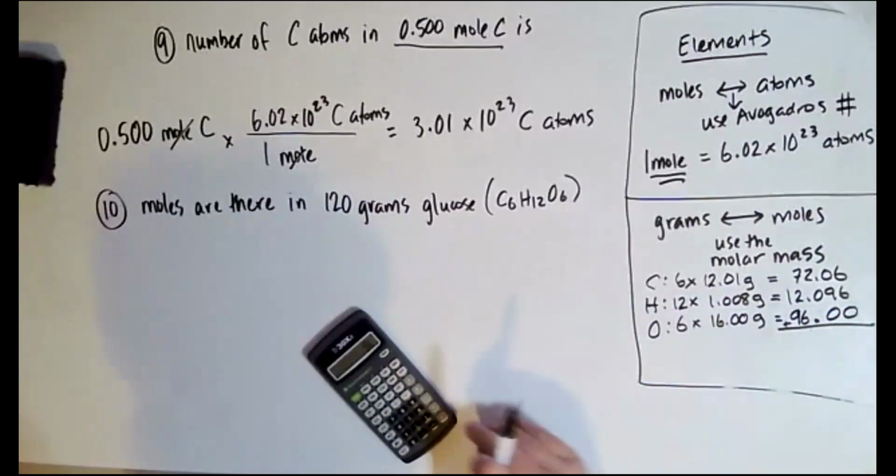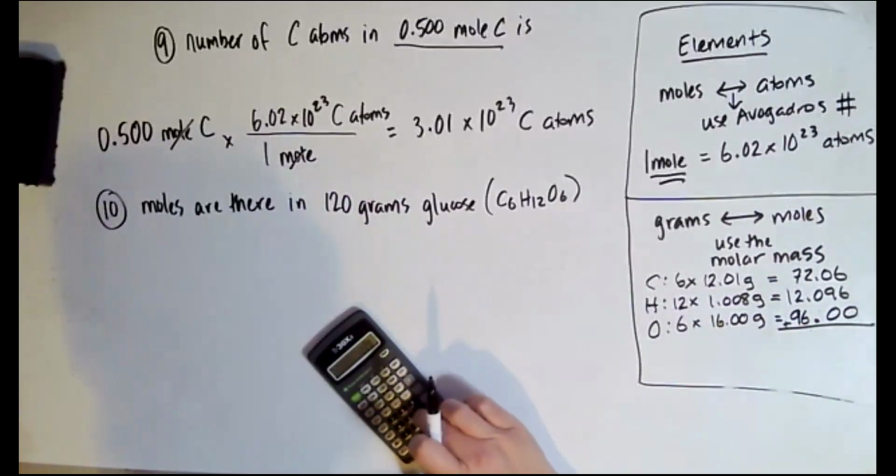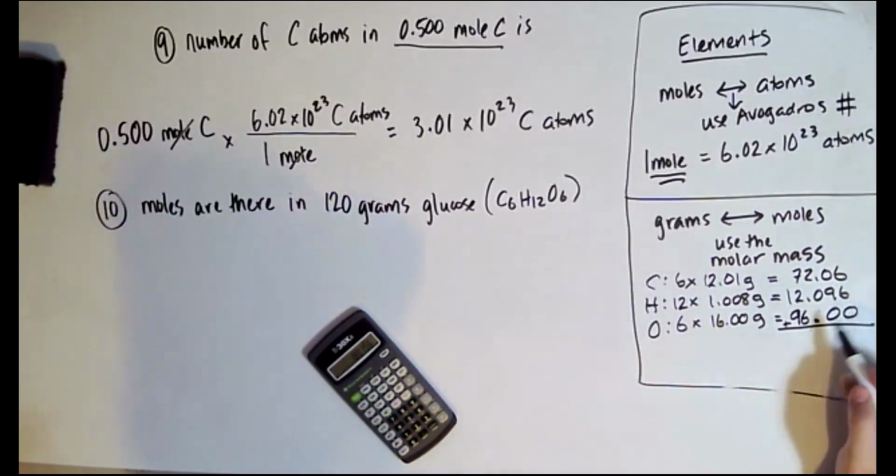Okay, and then we'll add all those together. And we're going to cut it off and round it to 2 decimal places. So 180.16.